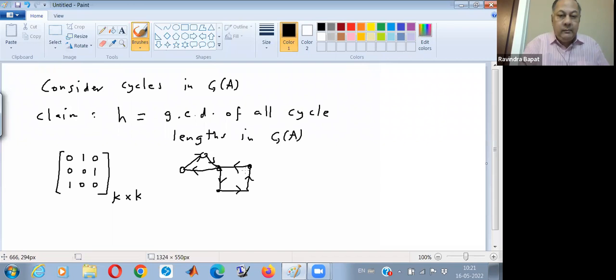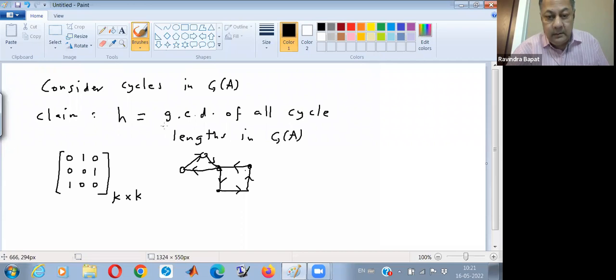Of course, the graph can be more complicated. They need not be disjoint or anything. But suppose there are two cycles, one of length 3, one of length 4. So 3 and 4, the GCD is 1. And so H is equal to 1. There's only one eigenvalue of modulus 1.